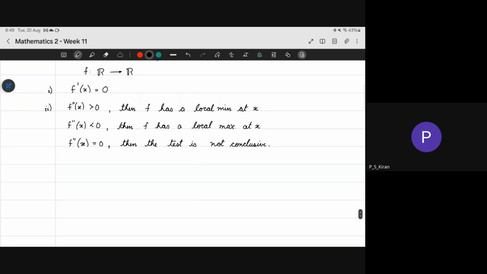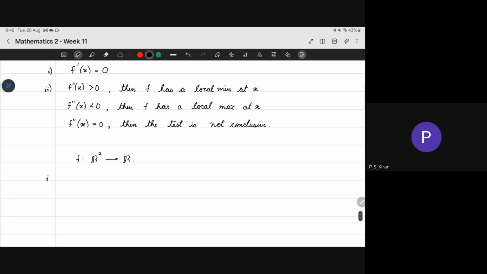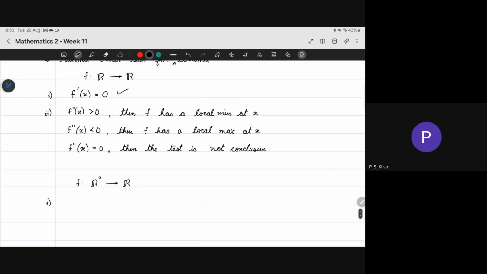So what about R2 to R? You know the notion of a critical point. I need second order partial derivatives, but first of all, to call it a critical point, what is the equivalent notion of this condition?